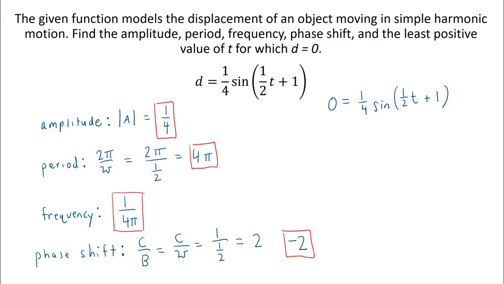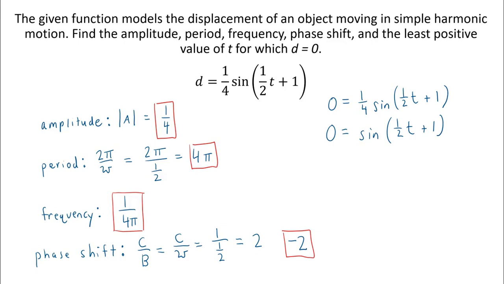First step to solving this is going to be to multiply both sides by 4. Multiplying the left side by 4 gives us 0 because 0 times 4 is still 0. Multiplying the right side by 4 gives us sine of 1/2 t plus 1, because 1/4 times 4 gives us just 1 sine of 1/2 t plus 1.